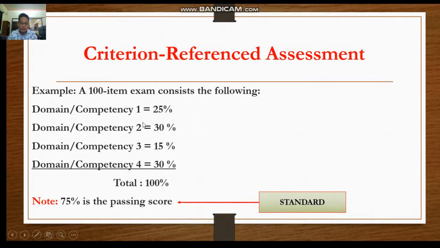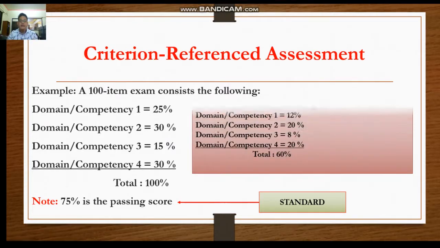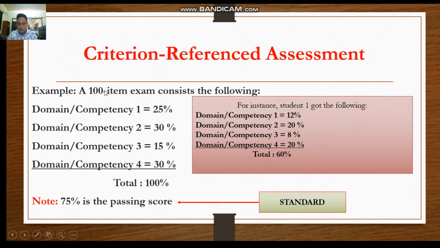Here, we do not compare the performance of the student to the performance of other students. Again, in criterion reference, we compare the performance of the student against the standard or competency level that we set for them. Okay? So, for instance, student 1 got the following in this 100 item exam.